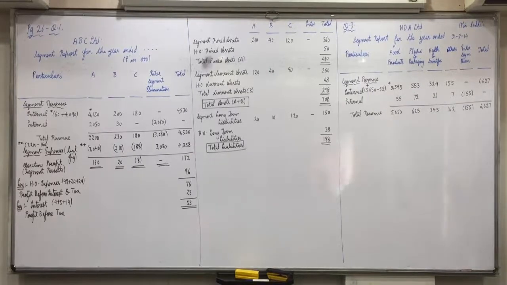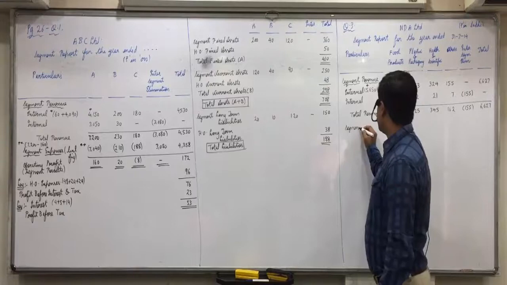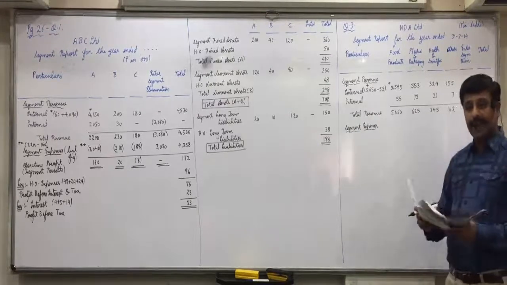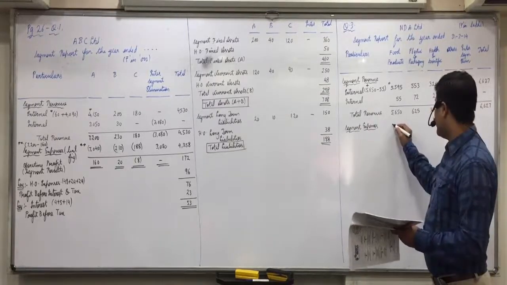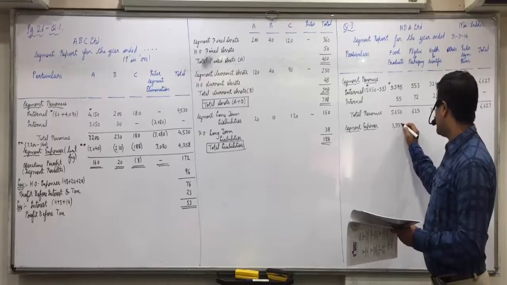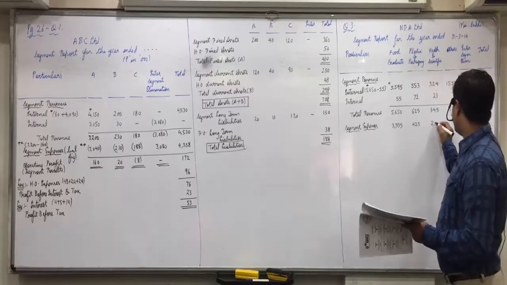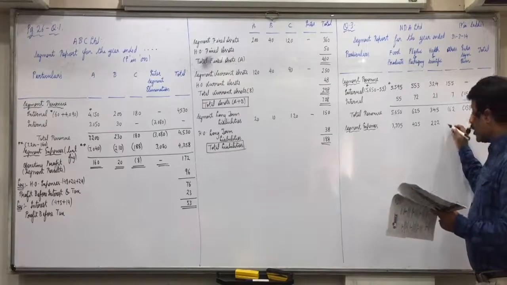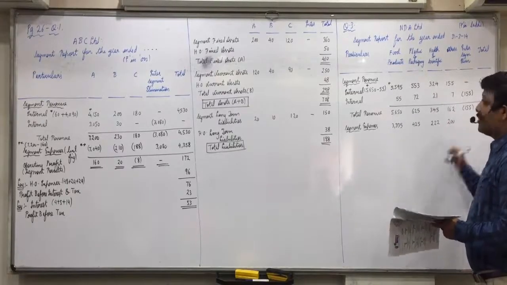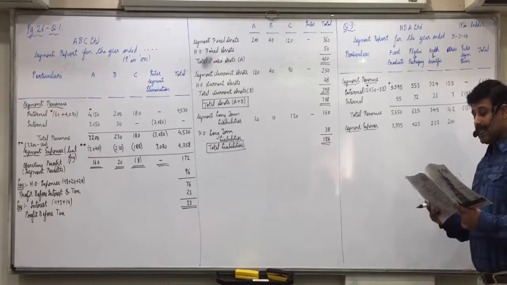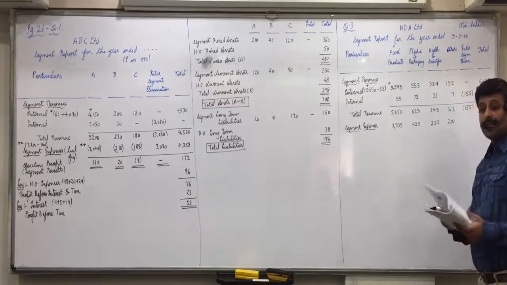Then, Prerna, segment expenses. But here segment expenses are directly given: 3,335. All of you can see that 3,335, then 425, 222, 200. And for inter-segment I told you, expenses are not given but profit is given as 33.